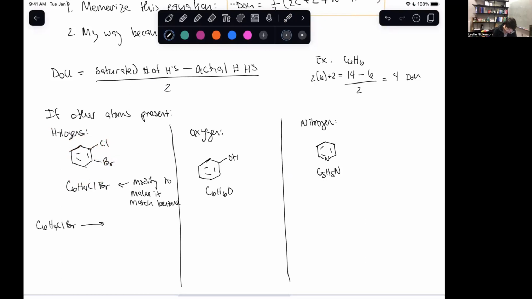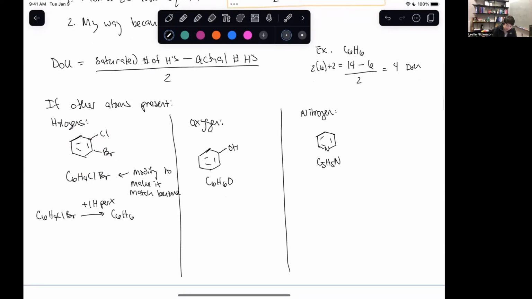So if I've got C6H4Cl-Br, I need to get that looking like C6H6. Okay, to make that happen, I'm going to add 1 H per X. Okay, so at the end of the day, I'm really using that to do my degrees of unsaturation calculation from.